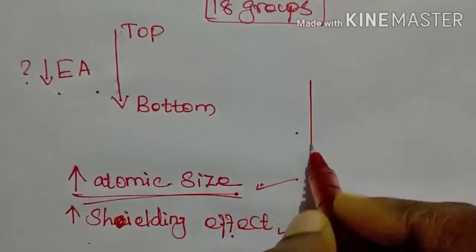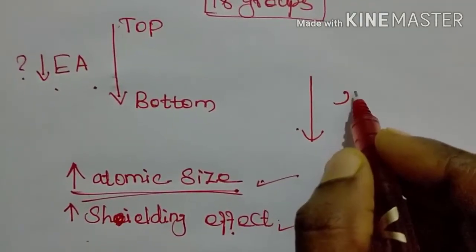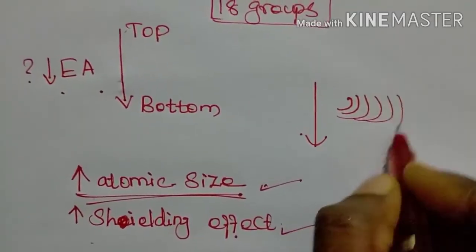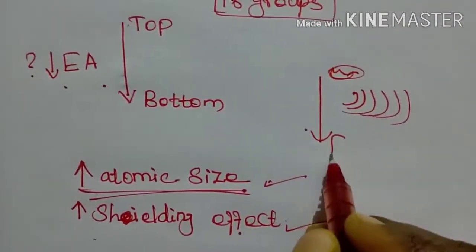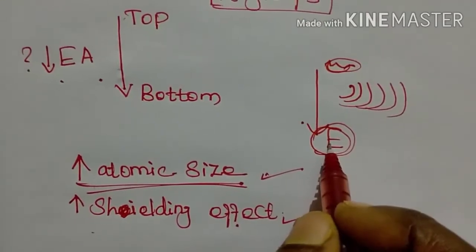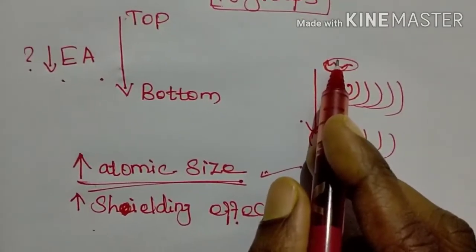Because if you move from top to bottom of a group, the elements at the bottom of the modern periodic table have more orbitals than the elements at the top.